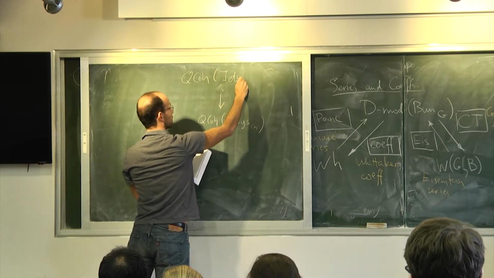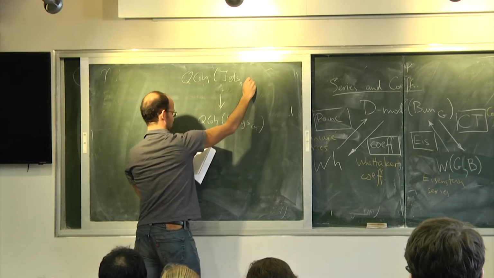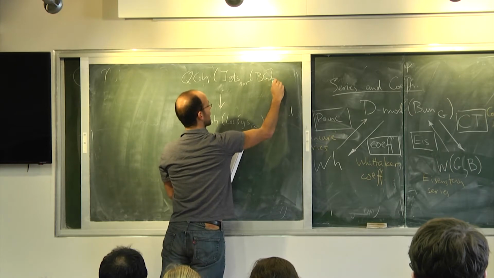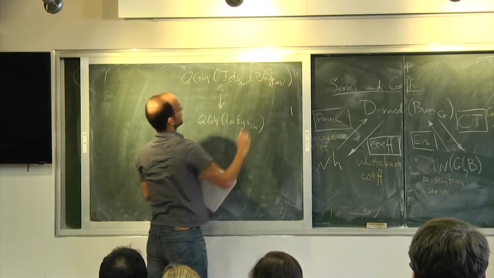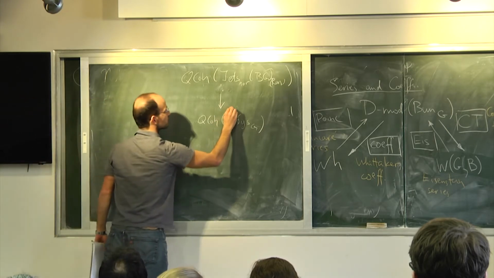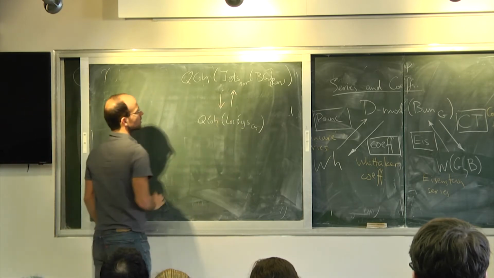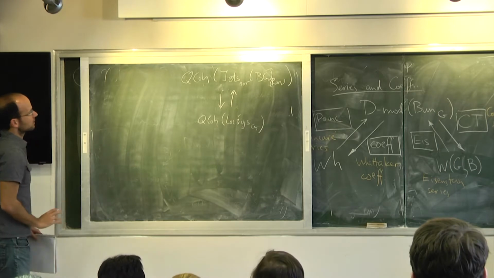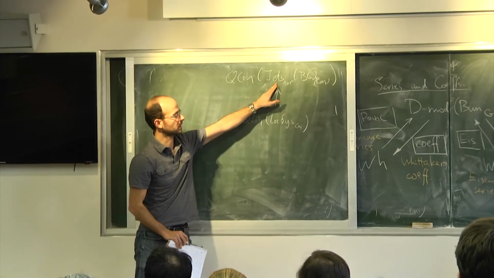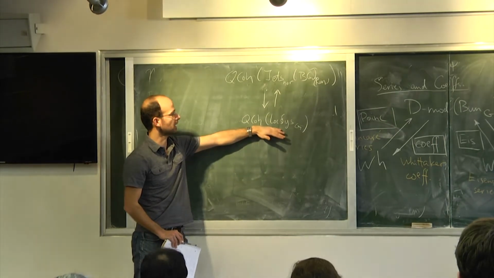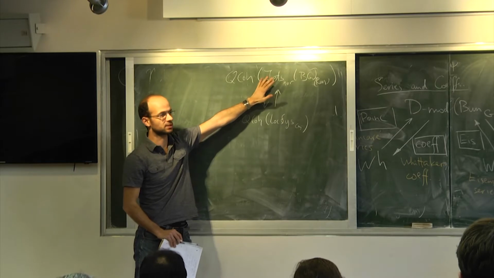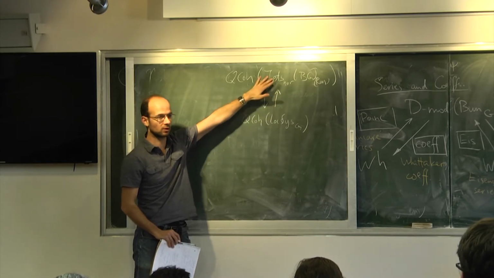I guess I should write horizontal jets on BG, something like that. And you have the adjoint of this. This is something that we have in number theory, this adjoint. You take a Galois representation and you restrict it to the decomposition groups at each place. So it goes from global to local.